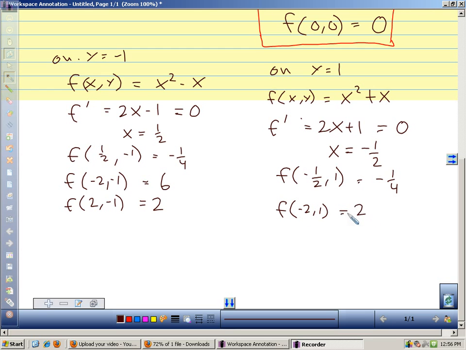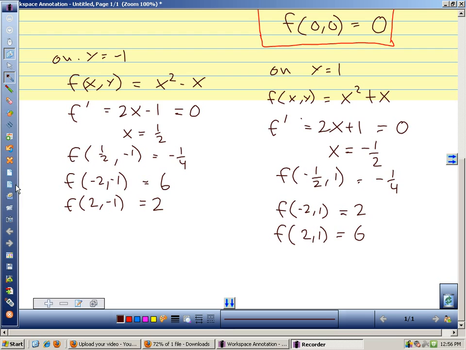That gives me 2. And f of 2, 1 equals 6. Just plugging in and evaluating for the endpoints of my interval. So far our minimum value we found for f is minus 1/4, and the maximum value at a couple different points is 6.